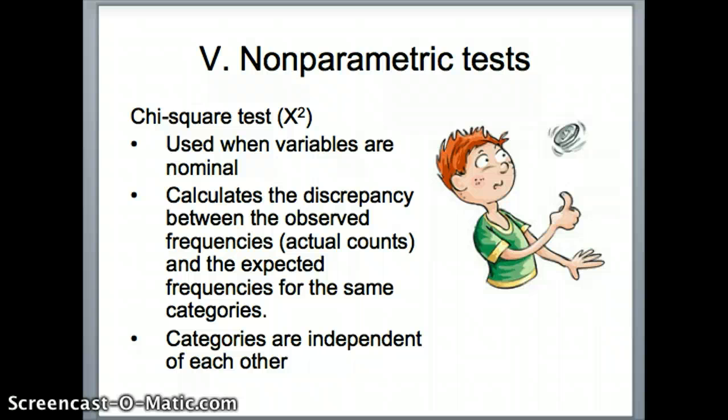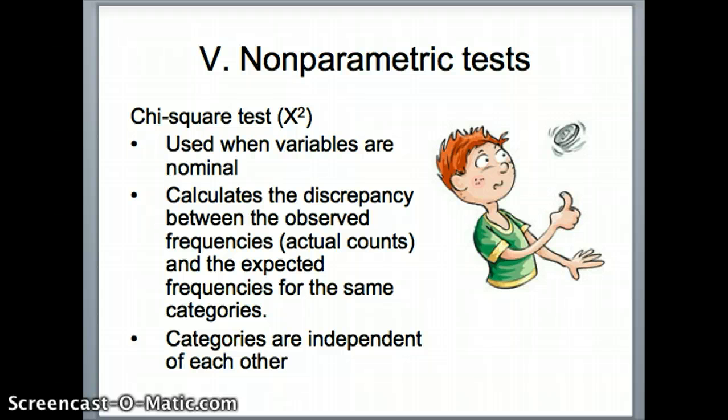So for instance, if you were to toss a coin, what is the probability that that coin will come up heads? Hopefully you guessed 50%, right? 50% heads, 50% tails. Now, if you have a coin and you want to decide whether that coin has been tampered with in some way, whether it's a good coin or a trick coin, you're going to flip the coin many, many times, and you're going to observe how many times you get heads and how many times you get tails.